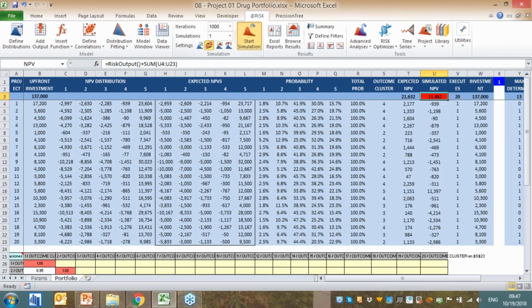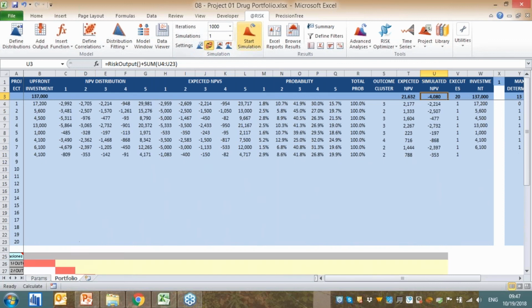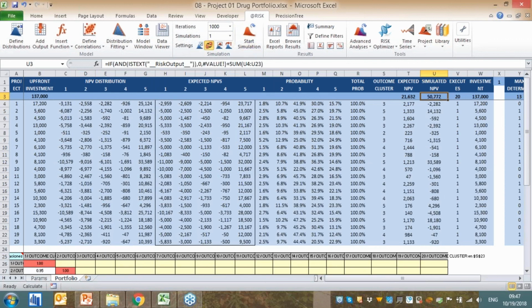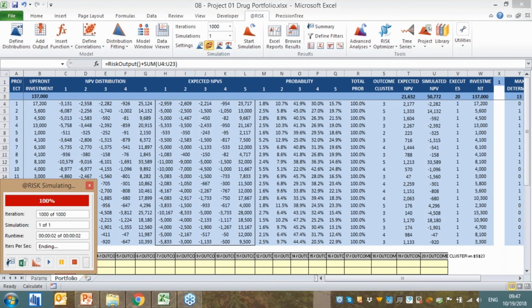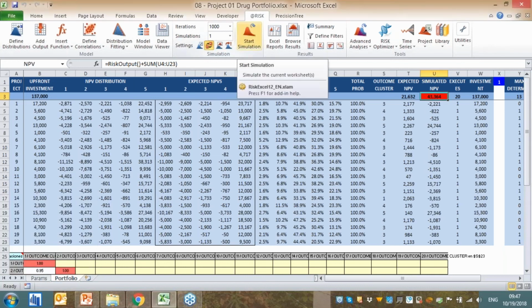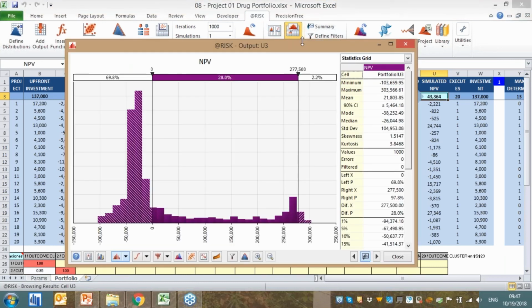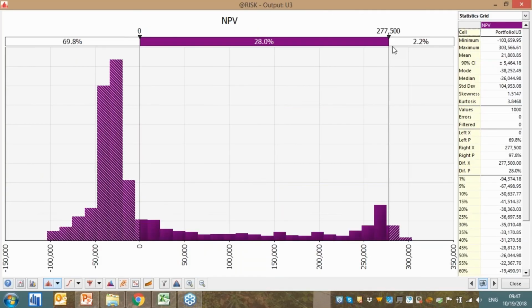Let me simulate here on highly dependent projects one to another. In other words, we're investing on 20 projects of the same type of treatment or drug, in which after simulation, this will look something like this.